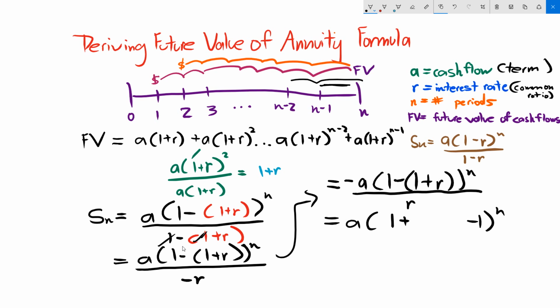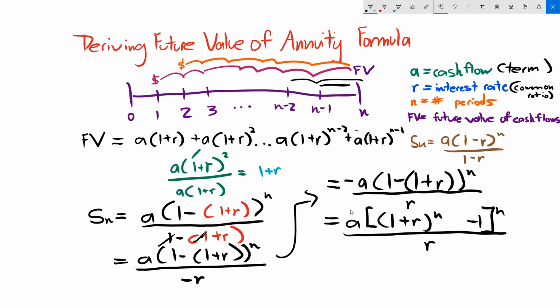So we have (1 plus r) to the n minus 1, divided by r. Okay, so this is the formula we end up with, which is our future value formula.